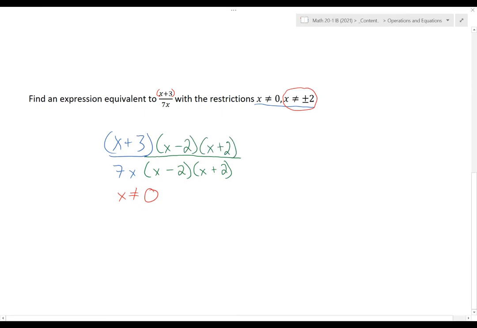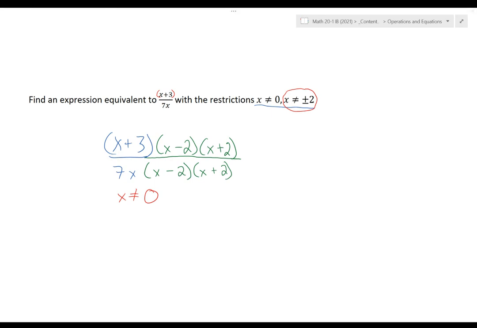So this rational expression, x plus 3 times x minus 2 times x plus 2 all over 7x times x minus 2 times x plus 2, is not a simplified rational expression, but it is equivalent to the original expression I gave you, and it now has the 3 restrictions that are required. There's no point in bothering to distribute all this out. We'll just leave it in its factored form, but this expression meets the criteria given.